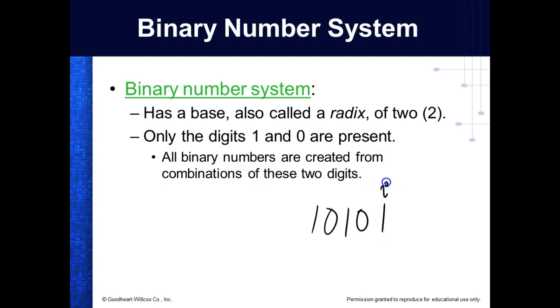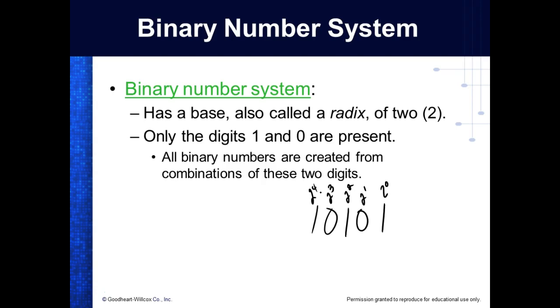So this would be 2 to the 0, 2 to the 1st, 2 to the 2nd, 2 to the 3rd, 2 to the 4th. I know this holds the weight of 1 times 2 to the 4th.